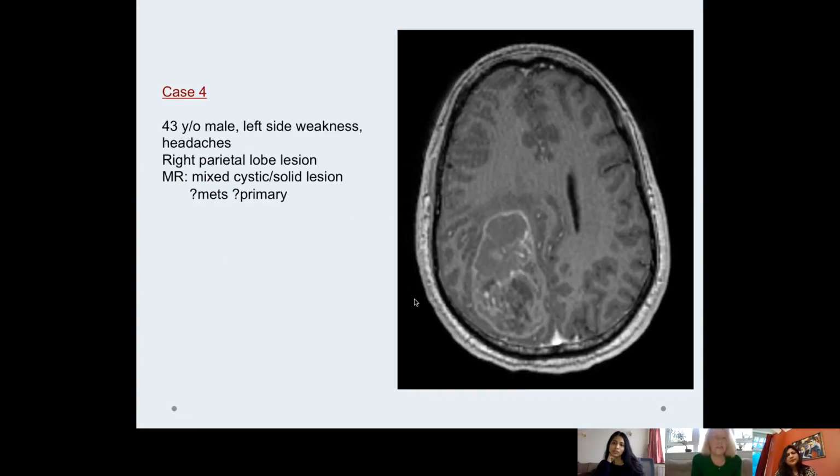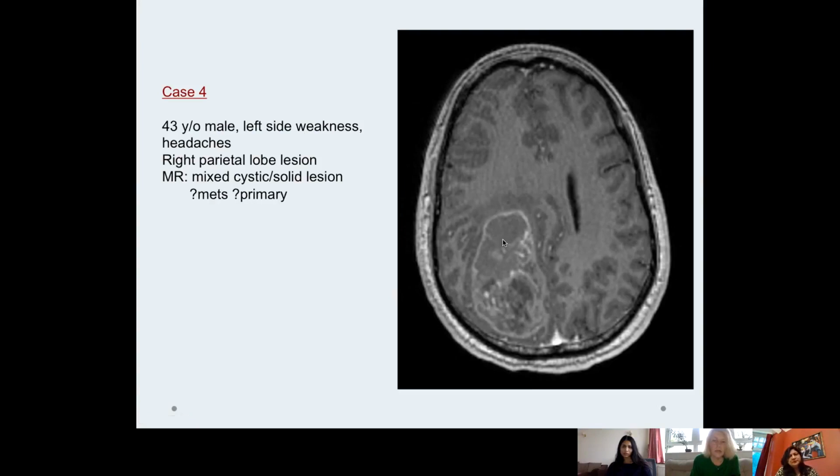So case 4. This is a 43-year-old man that presented with worsening left side weakness and headaches, and was discovered to have a lesion of the right parietal and occipital lobe, which on MR appeared to be a mixed lesion, partly cystic, partly solid.